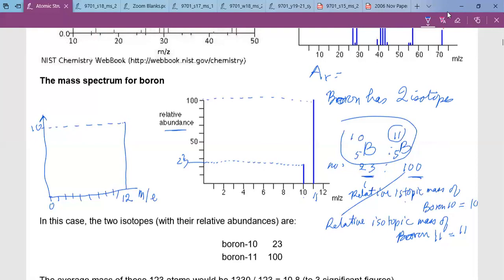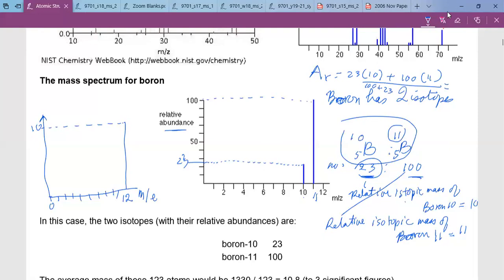So for boron, 23 of them weigh 10, so it's 23 times 10, plus 100 of them times 11, over the sampling, how many boron atoms are there? 100 plus 23.